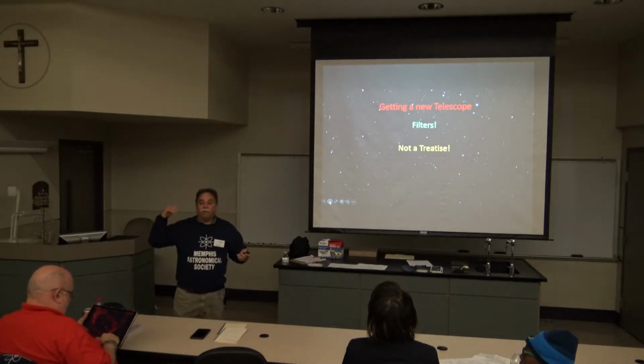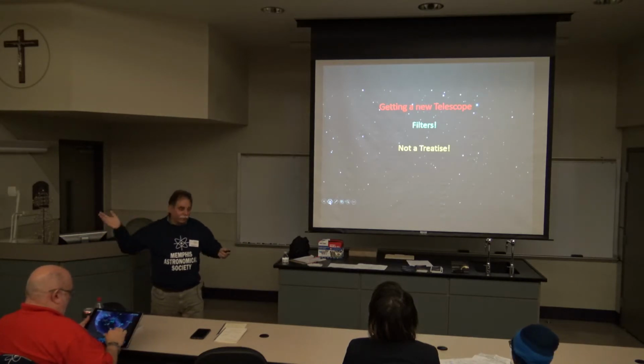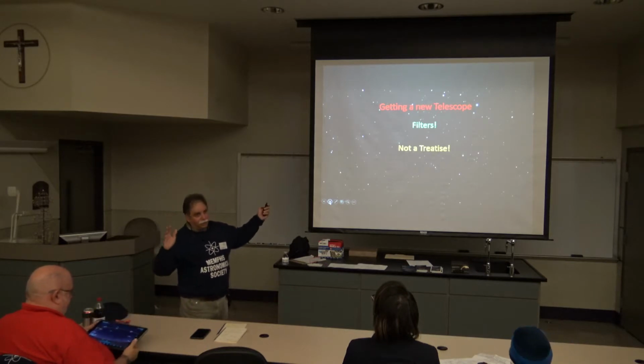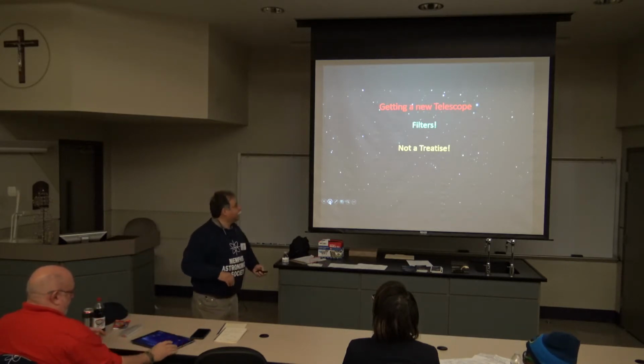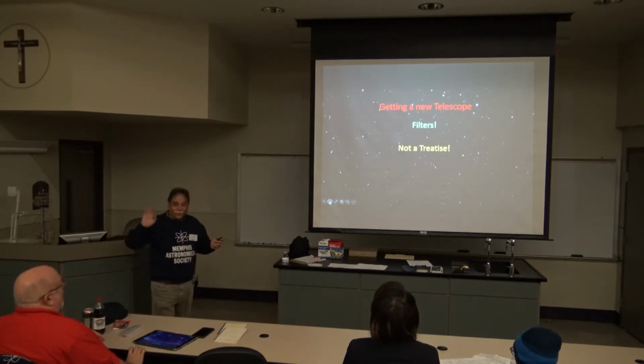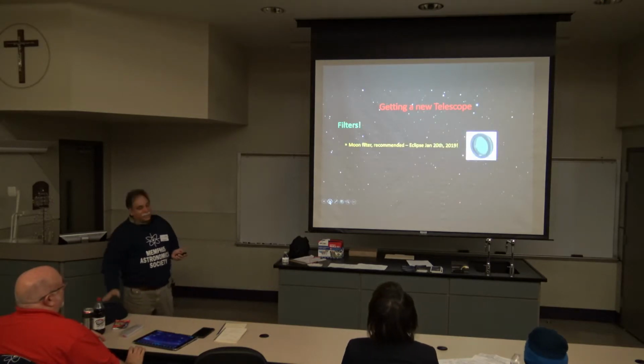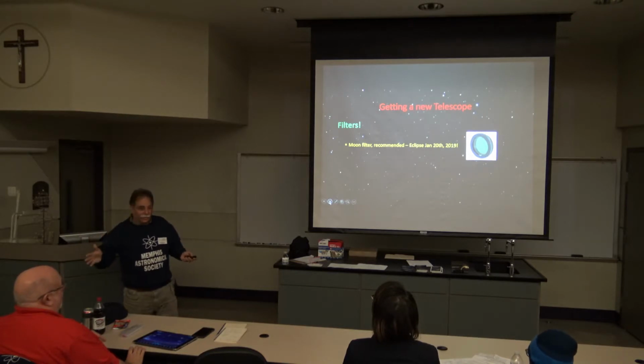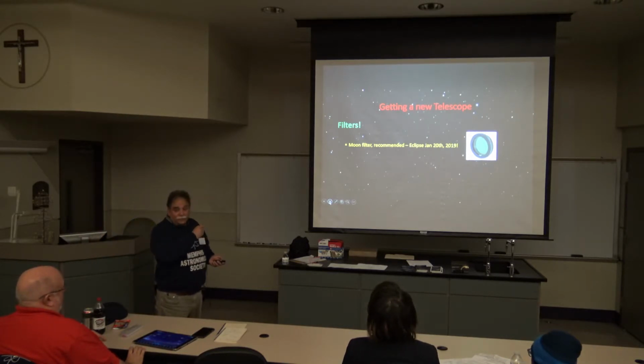Now we can talk about filters, because they will tell you, oh, do you want a filter, this type of filter? This is a magic filter that takes out the light pollution. Yeah, right. So this is not advertised, but these are the filters that I would recommend if you are going to get a telescope, okay? A moon filter.